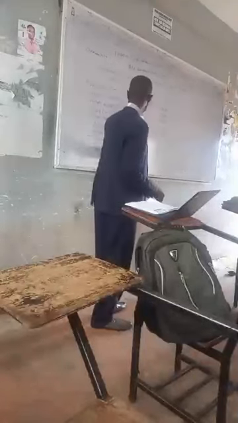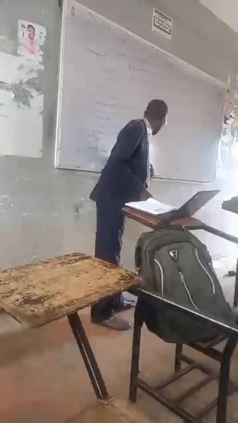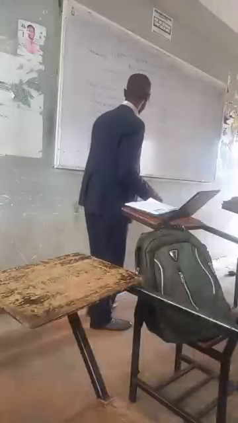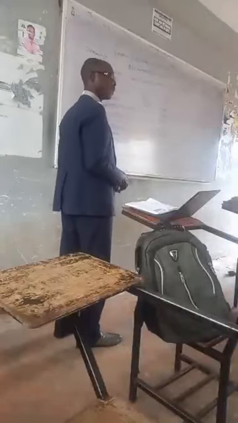So for you to have the overall allowable expenses, you add this plus this plus this plus this, then we will get our total allowable expenses.